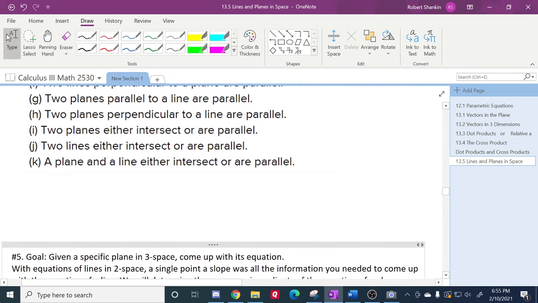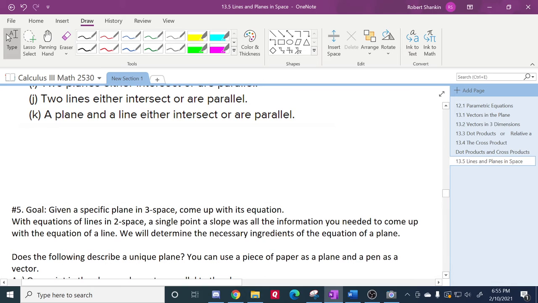My goal is, given a specific plane in 3 space, I want to come up with its equation.